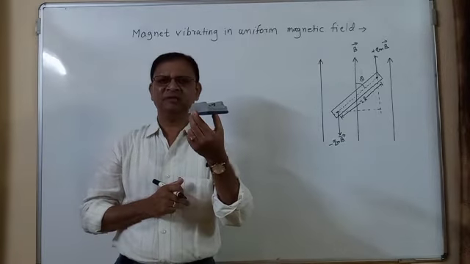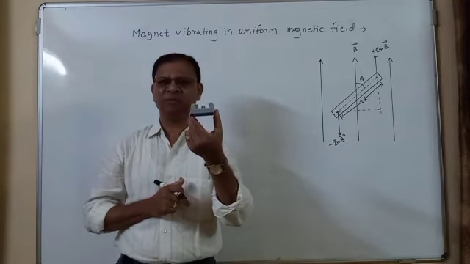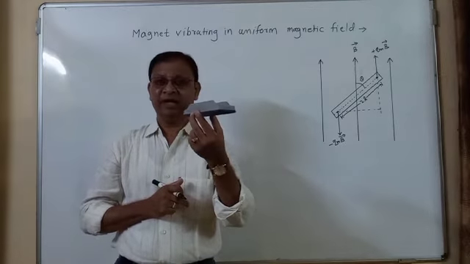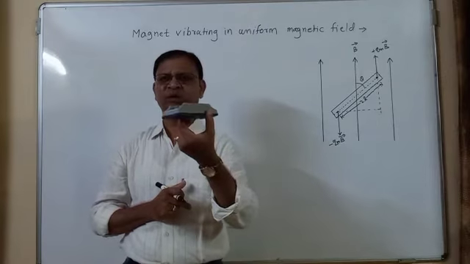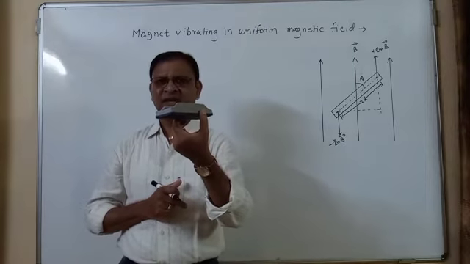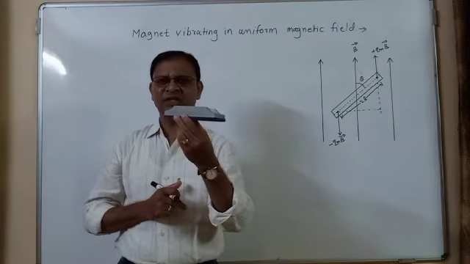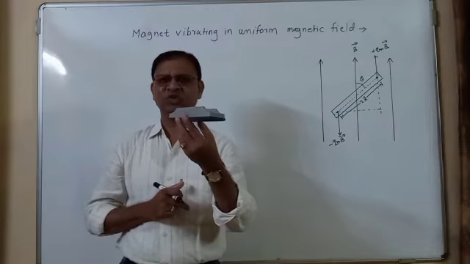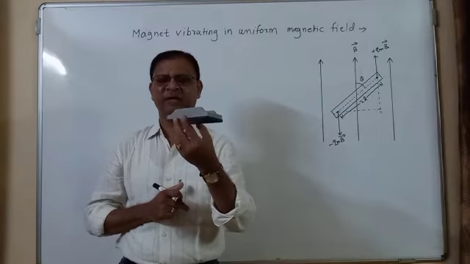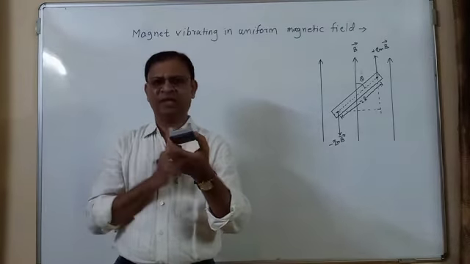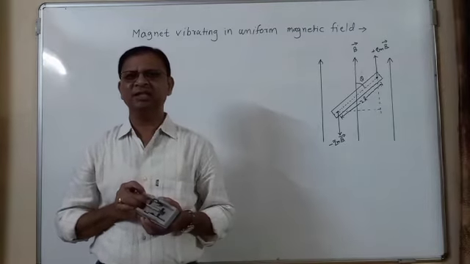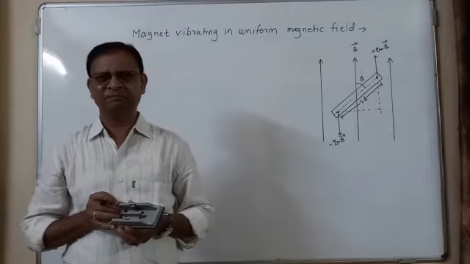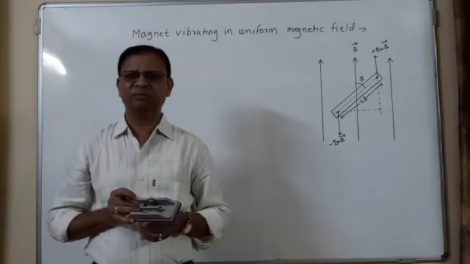While coming towards the mean position, its angular velocity increases and it moves forward like this. That's why the bar magnet continuously oscillates or vibrates in the magnetic field. We have to show that this motion is angular simple harmonic motion and obtain an expression for its period.